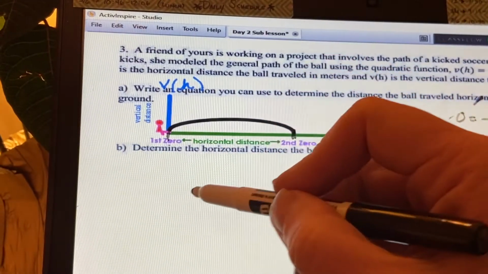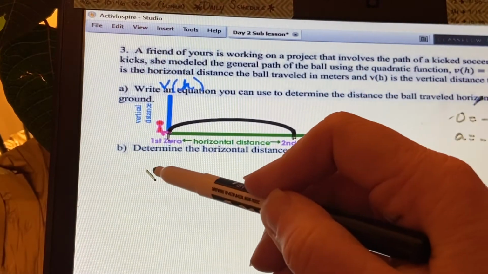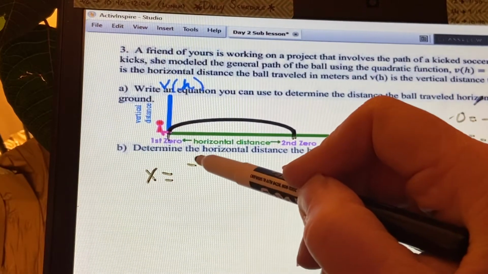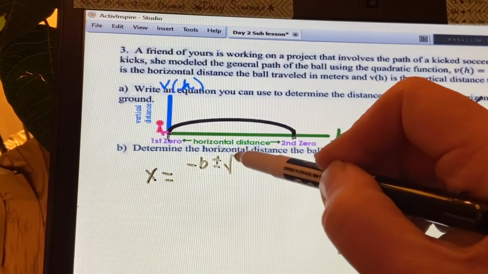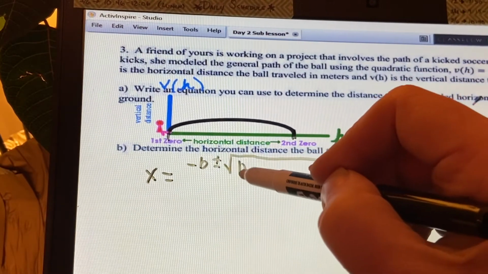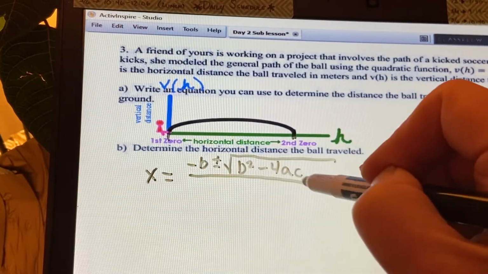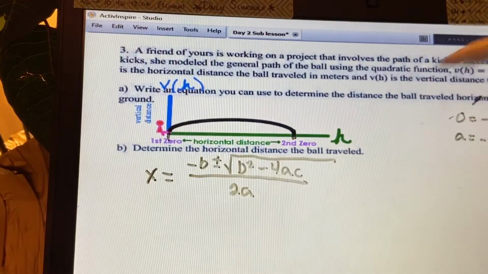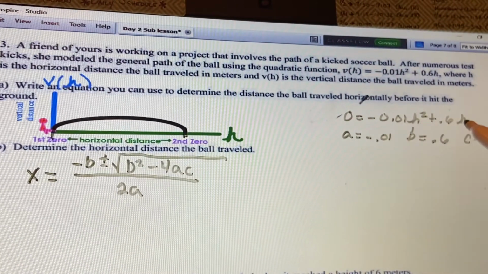Okay, we're going to substitute that. Oh, guess what I almost did? Look, I almost wrote this. Well, let's do it for a second. B squared minus 4ac all over 2a. In this problem, do we have any x's to solve for?